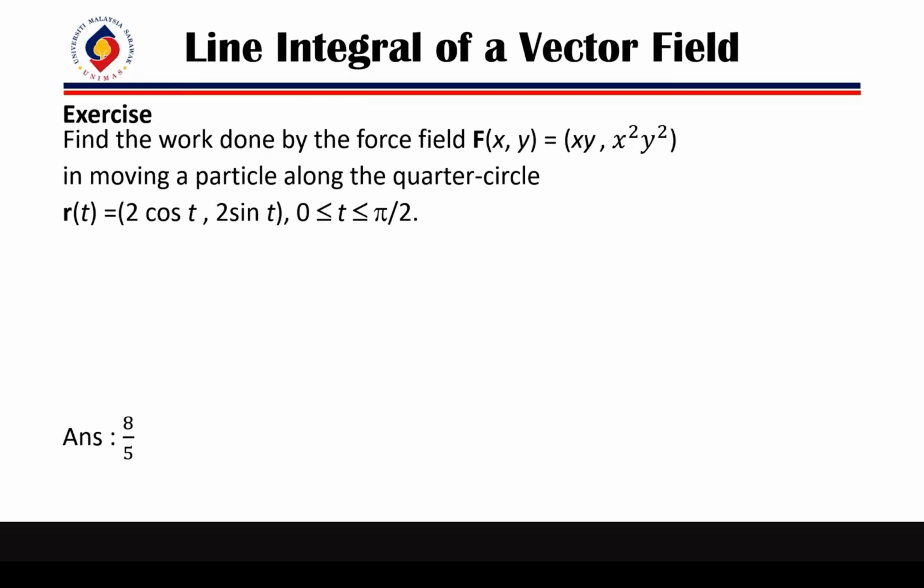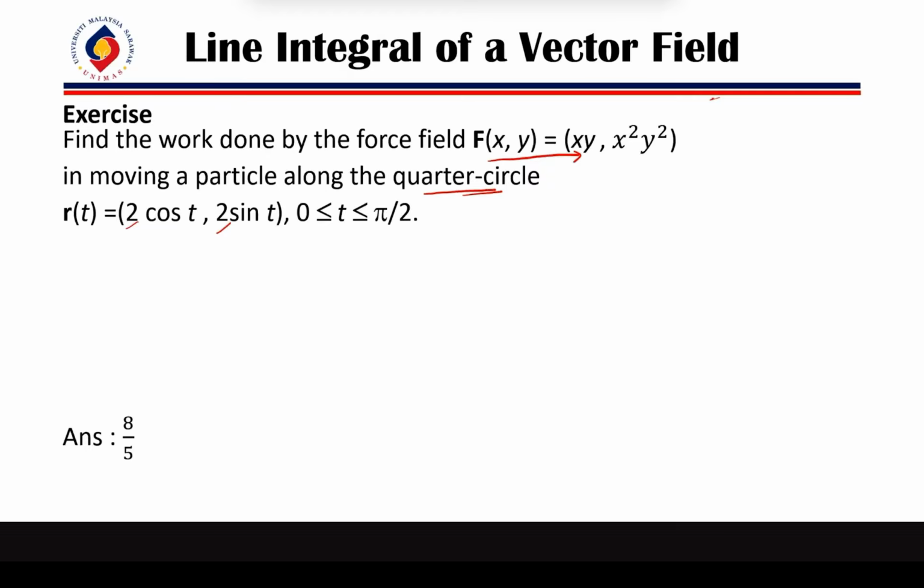So if you are given f here, it is a bit different from the previous example, but it's moving along the quarter circle, which is similar to the previous example, with r(t) here being a radius of 2 cosine t and 2 sine t.